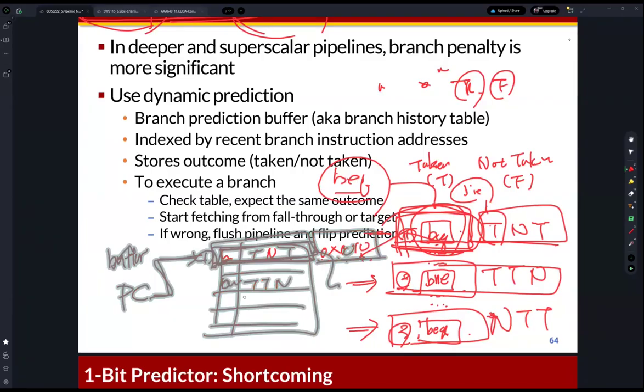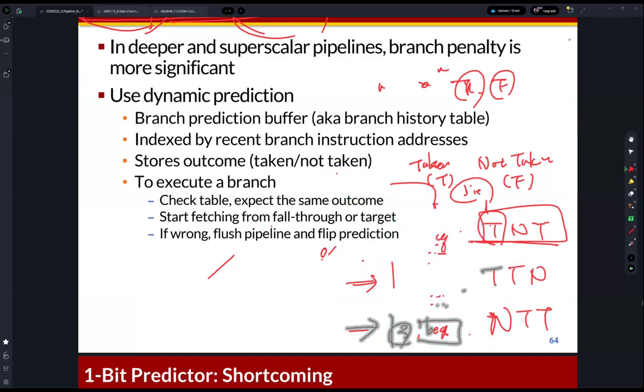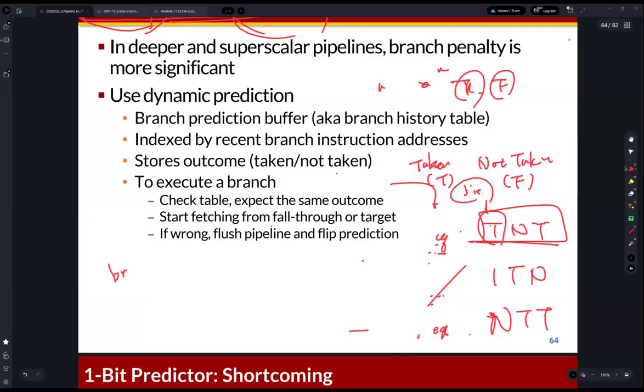Okay. So the branch predictor is just a branch buffer. That's why the branch predictor is actually called the branch prediction buffer, or BPB, right?